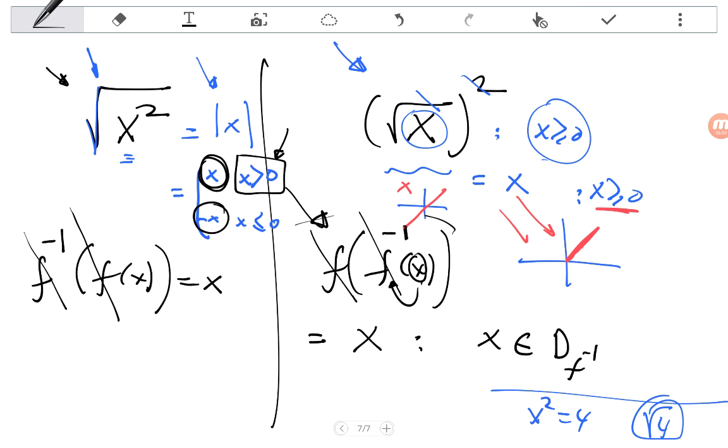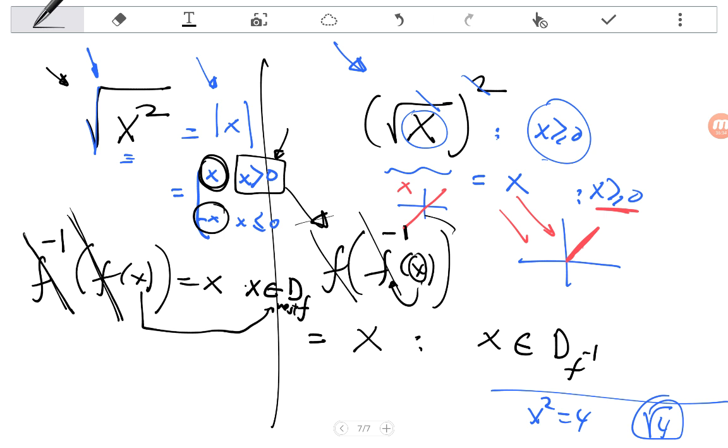So when does f inverse cancel the f? It is when x belongs to the restricted domain of f.